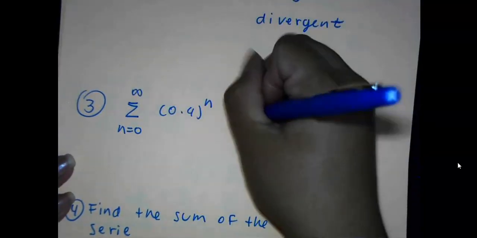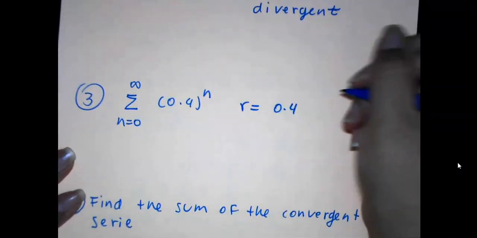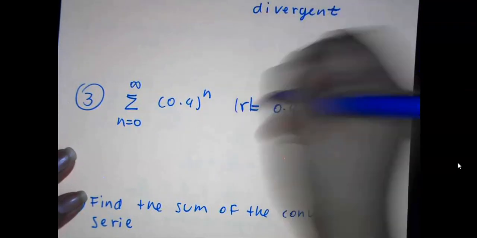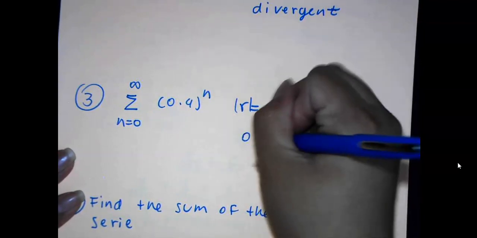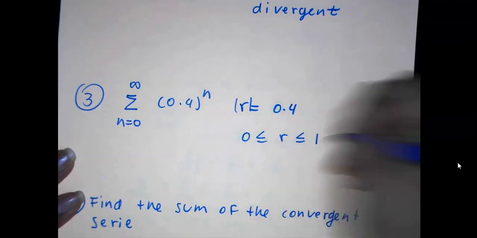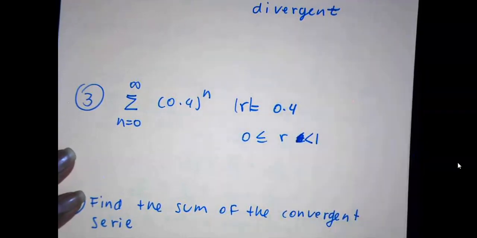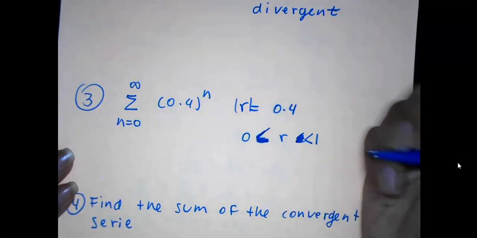Next one. What is r? r is 0.4. It's the absolute value of r, but in these two cases r is positive. So r is less than 1 and greater than 0. r cannot be 0 because then we don't have an r.